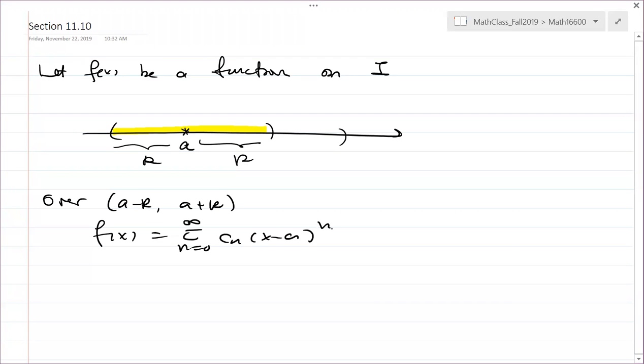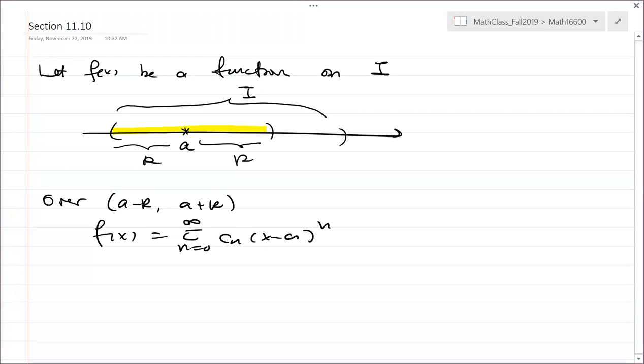If the function is good enough, if it is an elementary function, this is the domain I. In general, we can pick an arbitrary point A in its domain.